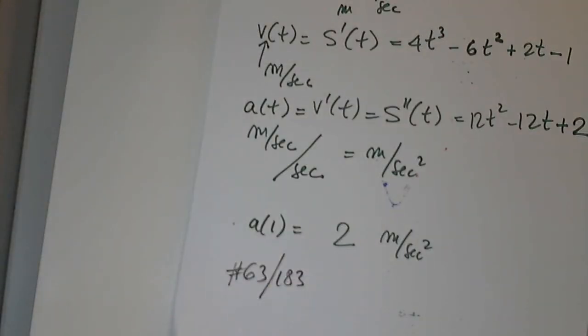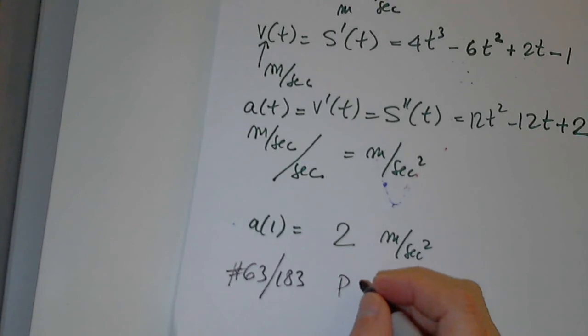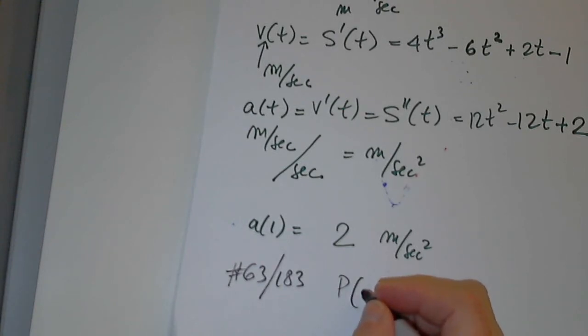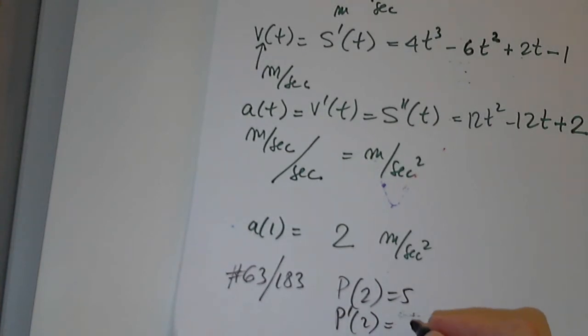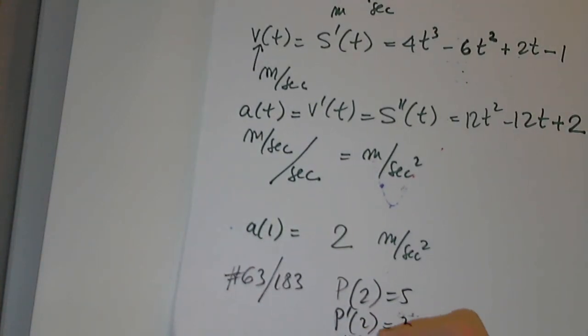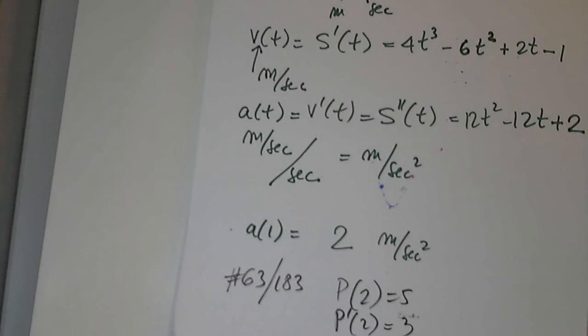So let's copy this down. So p of 2 is 5, p prime of 2 is 3, and p double prime of 2 is 2.